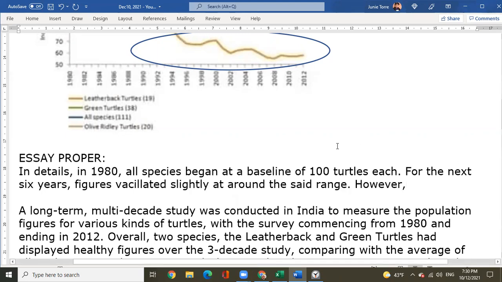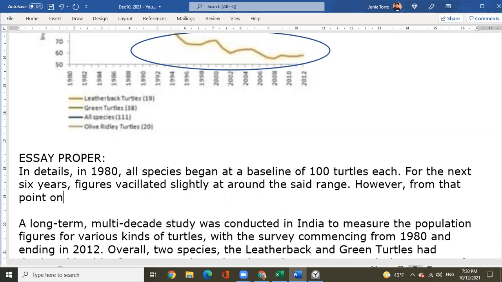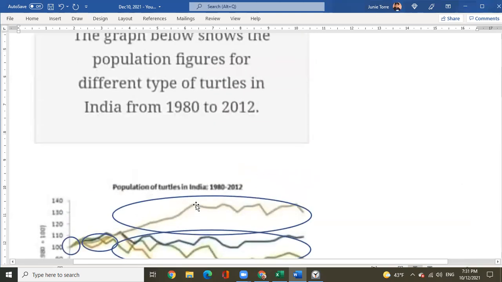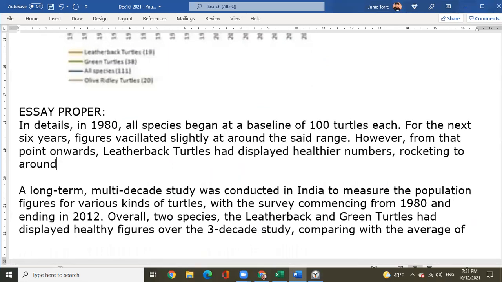However, from that point onwards, leatherback turtles had displayed healthier numbers, rocketing to around 140.